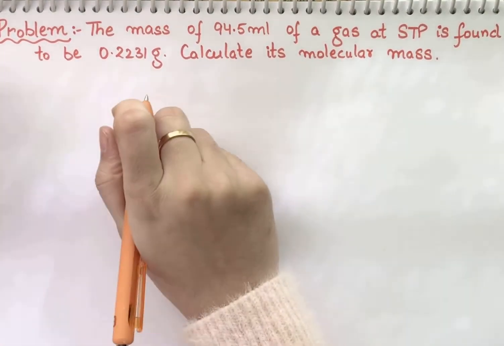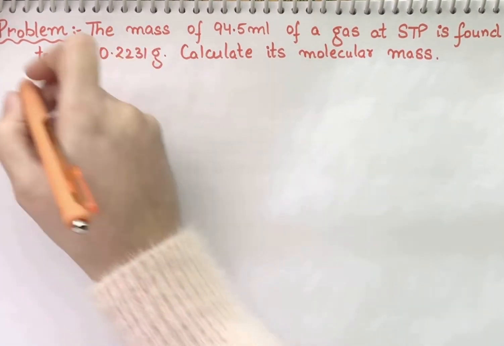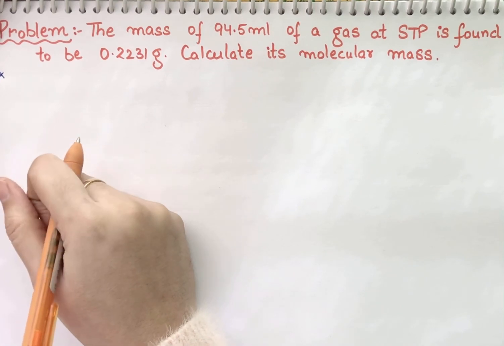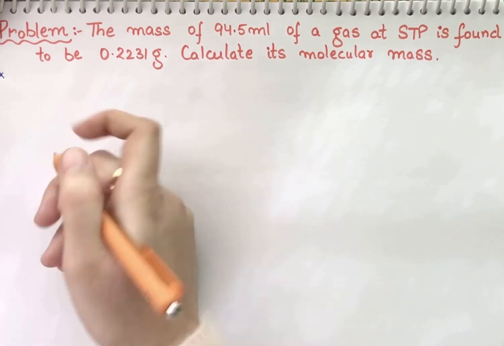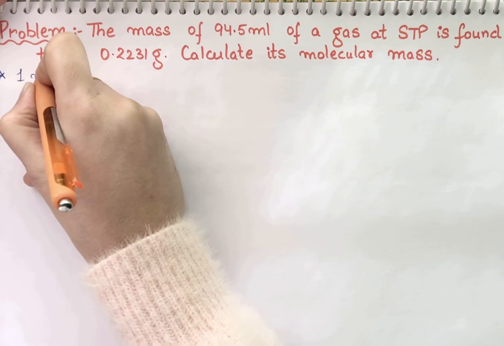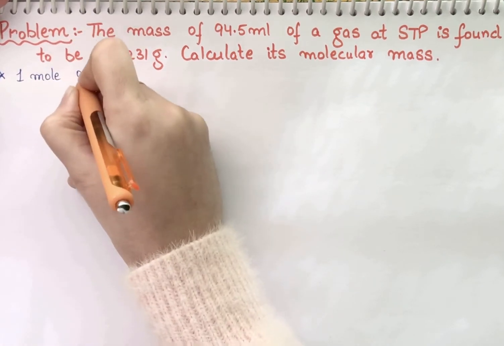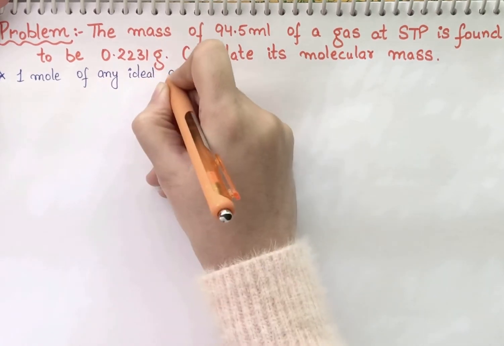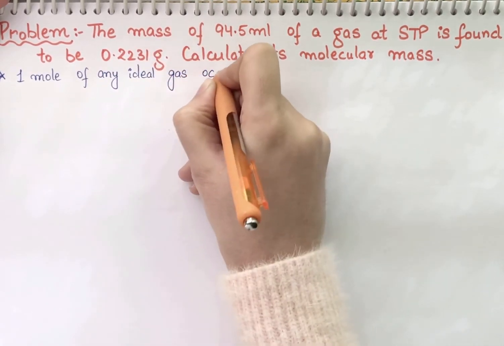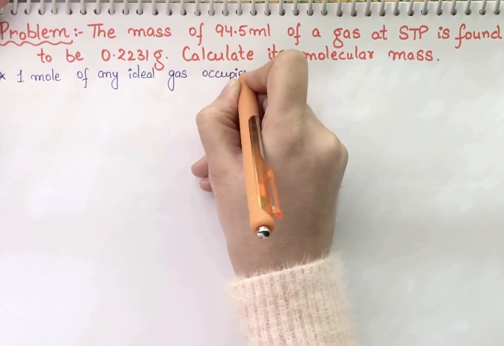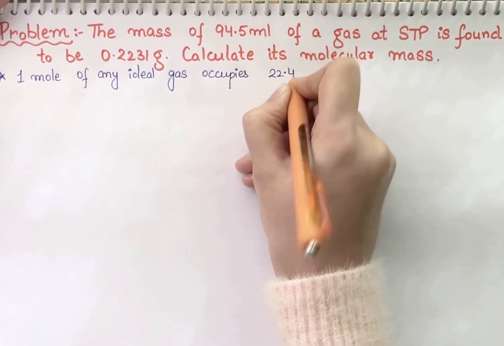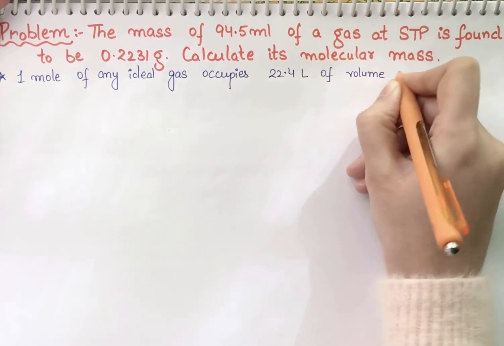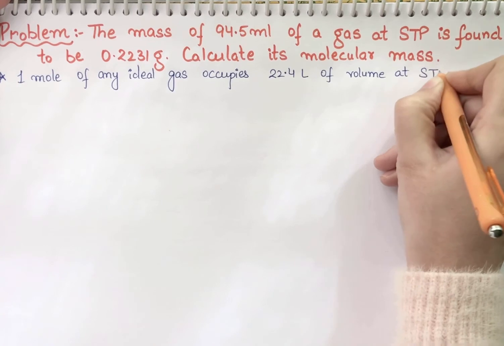Students, there is one more concept that you need to know, that if you are having any gas and you have to express that gas in form of mole, that how you can express, right? So 1 mole of any ideal gas occupies 22.4 liter of volume at STP, right?